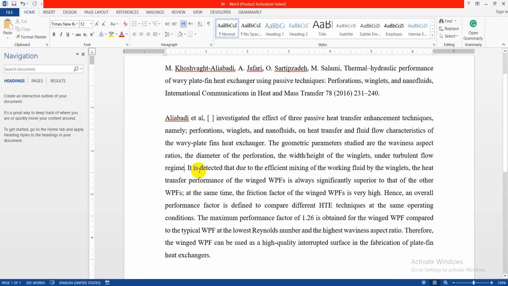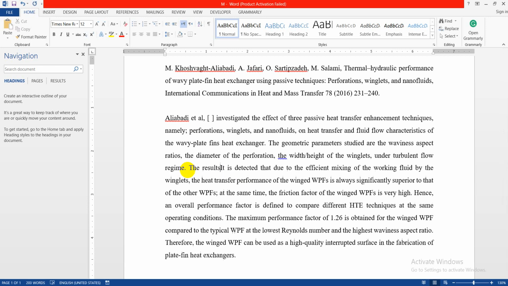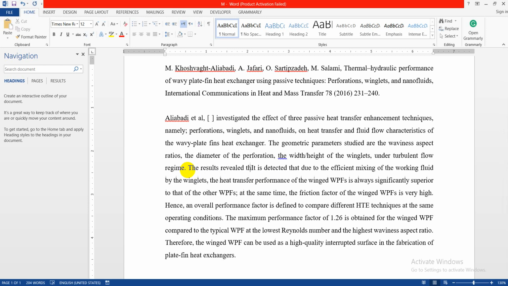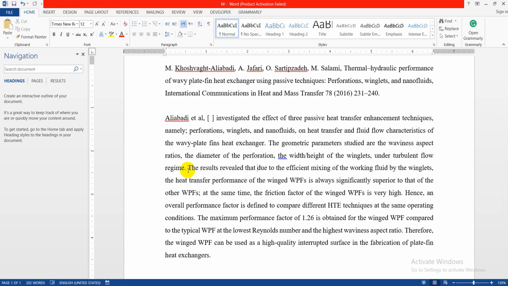Then it is deducted that here are the results. You can see the results revealed that, due to the efficient mixing of the working fluid by the winglet, the heat transfer performance of the winged wavy plate fins is always significantly superior to that of the other types, you can say.